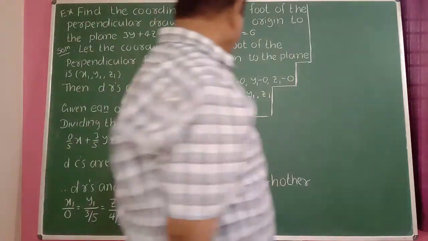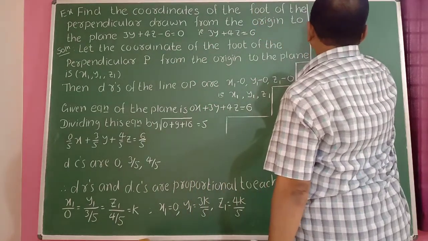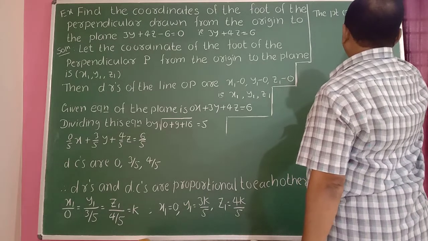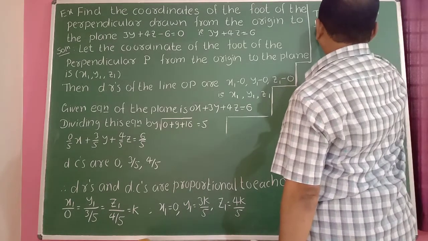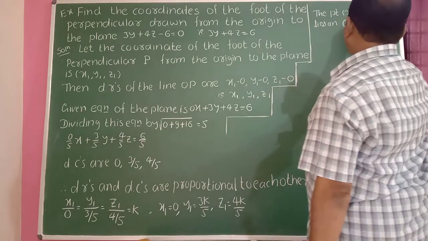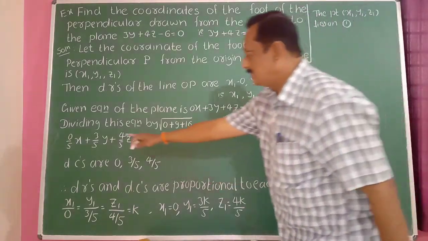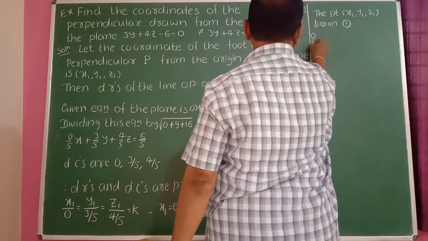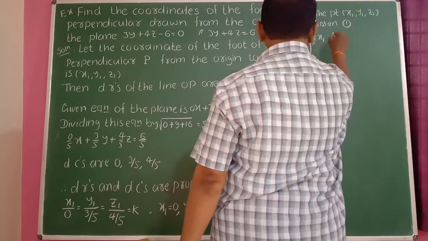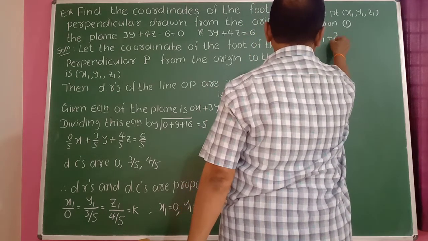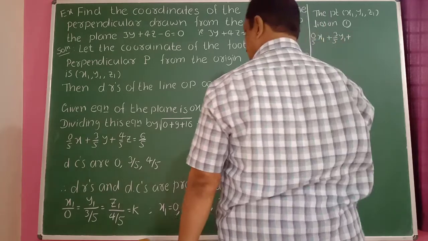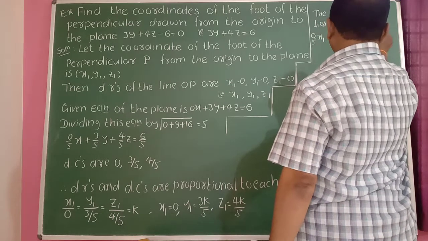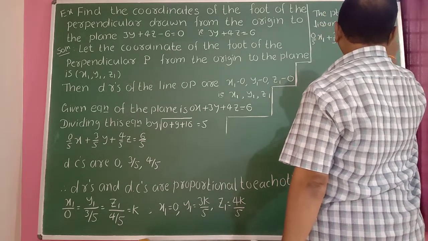Therefore, the point x1, y1, z1 lies on the plane here. So, replace x by x1, y by y1, z by z1 here. So, 0 divided by 5 into x1 plus 3 divided by 5 into y1 plus 4 upon 5 into z1 is equal to 6 divided by 5.